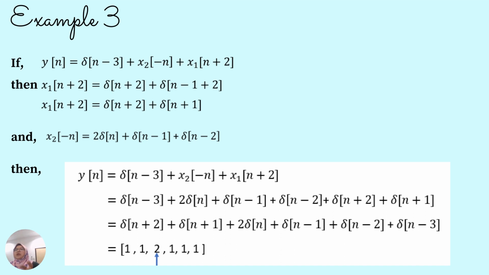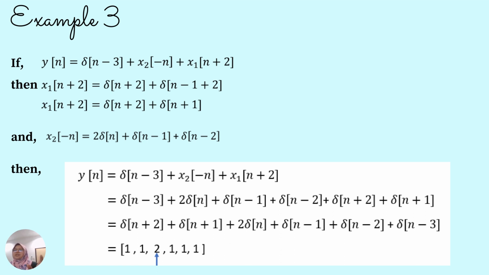Okay, so kita tengok yang paling kiri, yang paling besar iaitu plus, mana plus yang paling besar? Plus 2. Berapa kali ada plus 2? Ada satu saja, dan the next one adalah plus 1. Berapa kali ada plus 1? Ada satu saja. Dan selepas tu adalah delta n, iaitu minus 0.